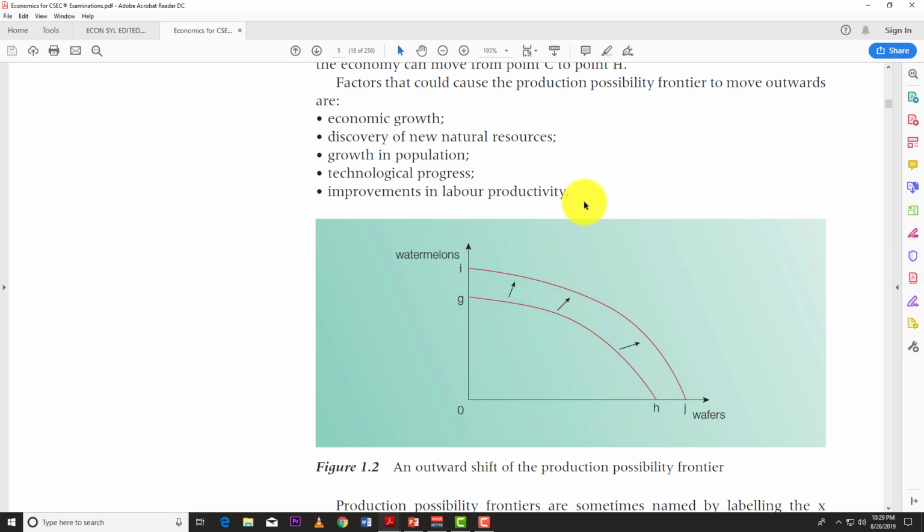What is economic growth? Economic growth simply means that the economy would have increased in its productive capacity. It would have increased in output. So if you look at business news or listen to some economic statistics, you hear this thing called GDP, gross domestic product.